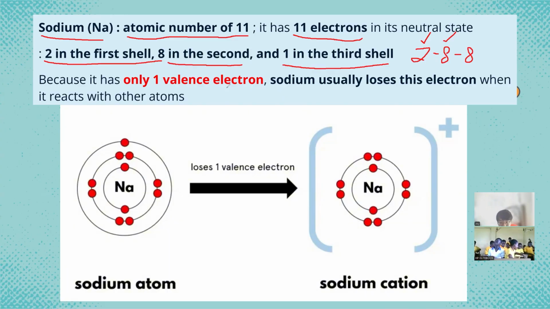And since the third shell is the outermost shell, this 1 electron is called the valence electron. So if a question asks you, what is the number of valence electrons in sodium? You can answer 1. There's 1 valence electron.